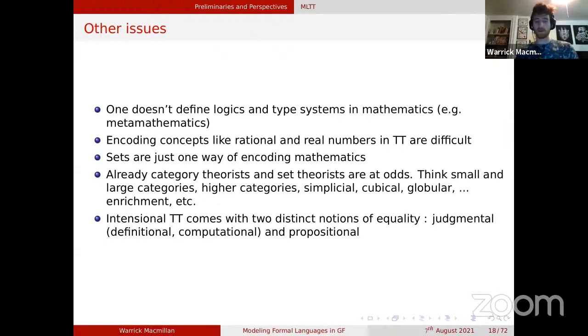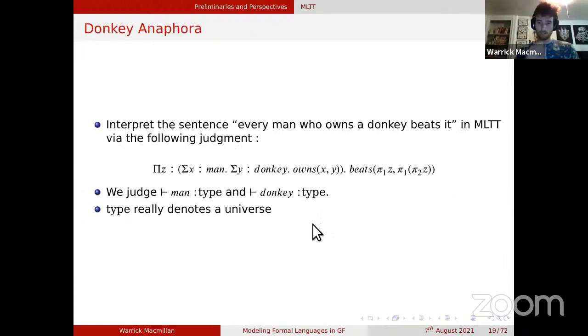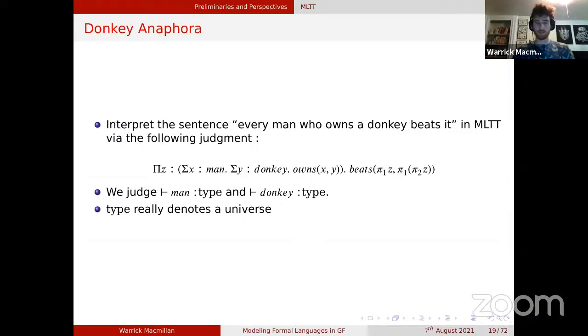And intensional type theory, as we said, comes with two notions of equality: judgmental, definitional, or computational, those are all interchangeable, and propositional. So let's just give one example of what a type theoretic statement or type would look like. There's this classic phrase from Montague, every man who owns a donkey beats it.